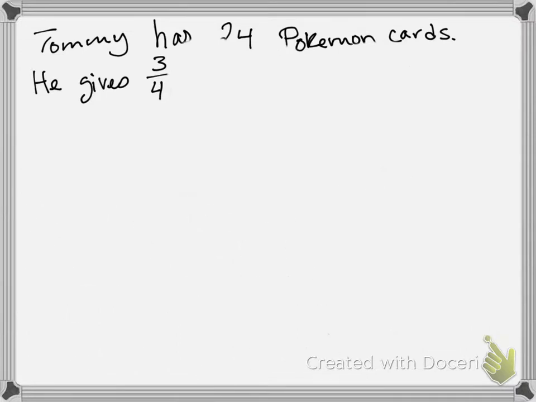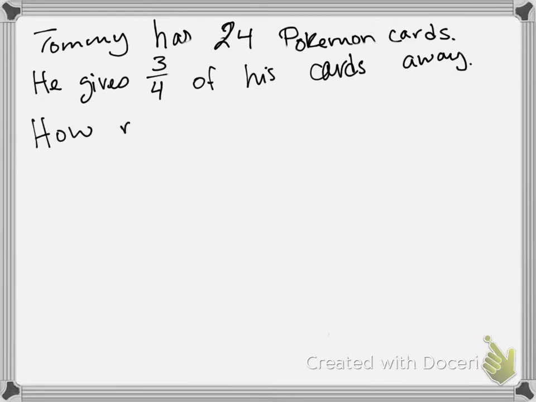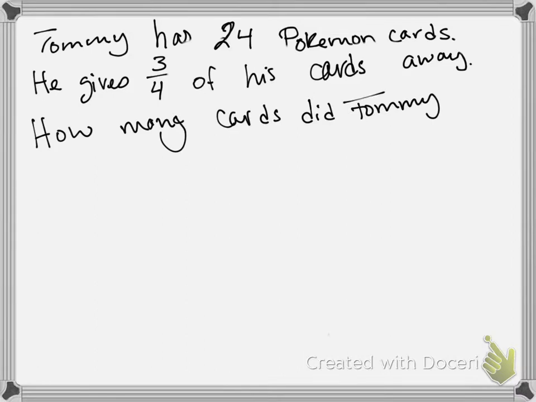If we were to change this question, he gives 3/4 of his cards away, how many cards did Tommy keep? Now, there's a difference between this question and the last question. The last question said, how many cards did he give away? This question is saying, how many cards did Tommy keep?